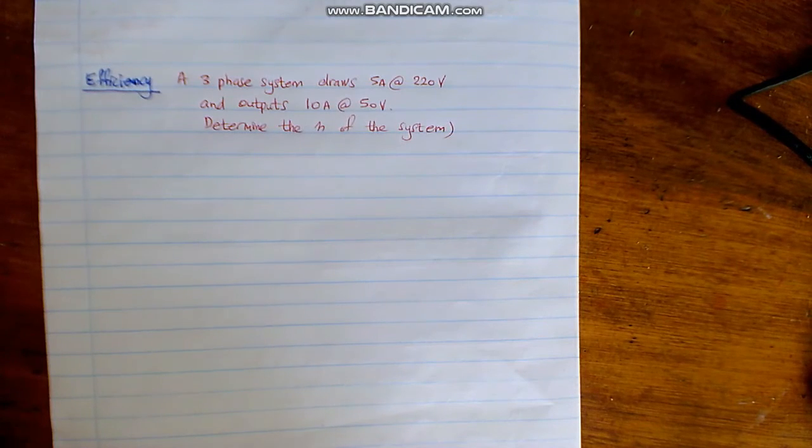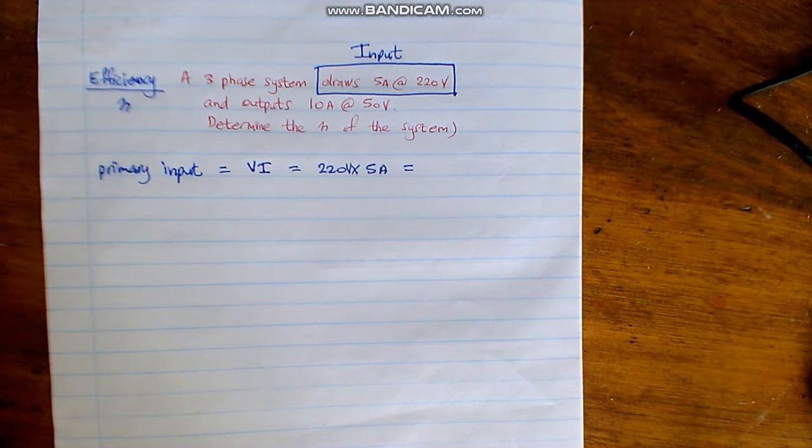The next question, a three-phase system draws 5 amps at 220 volts and outputs 10 amps at 50 volts. Determine the efficiency of the system. So efficiency is output over input times 100%. So first we're going to calculate our primary input. Then we're going to calculate our secondary output.